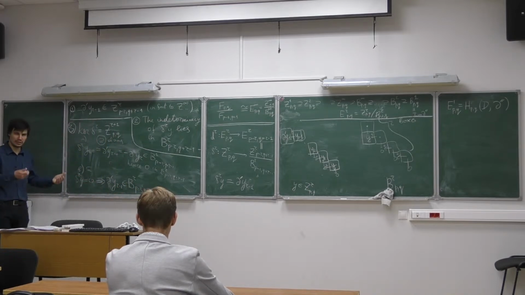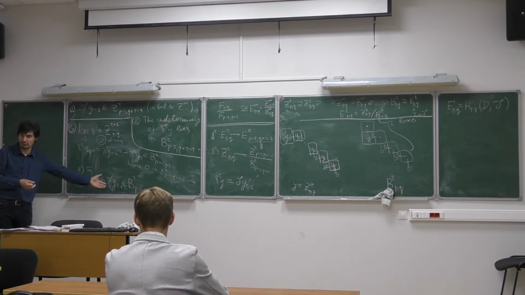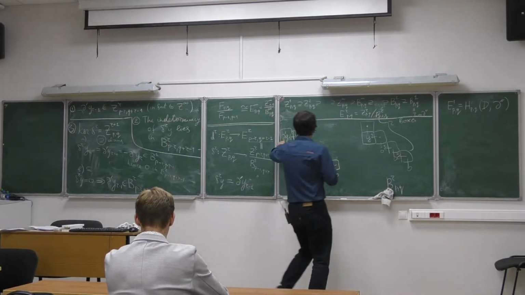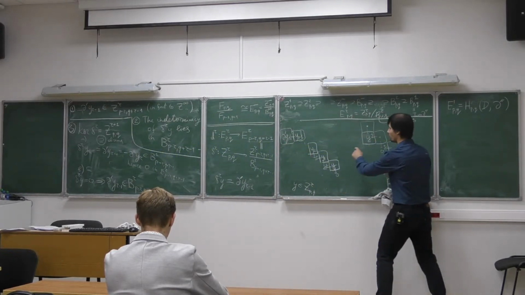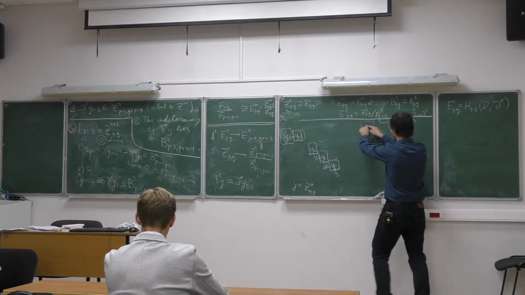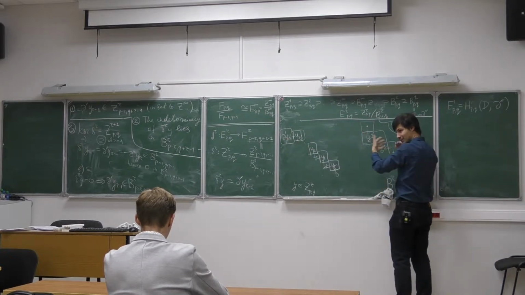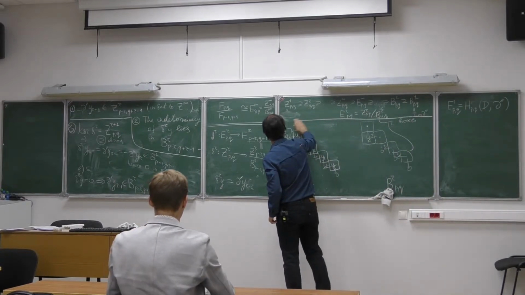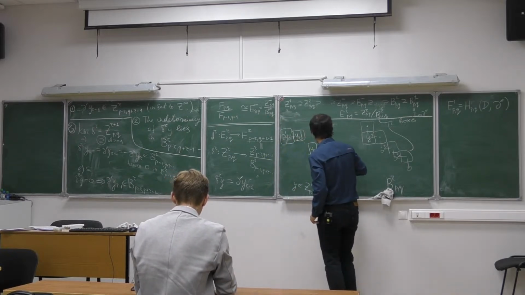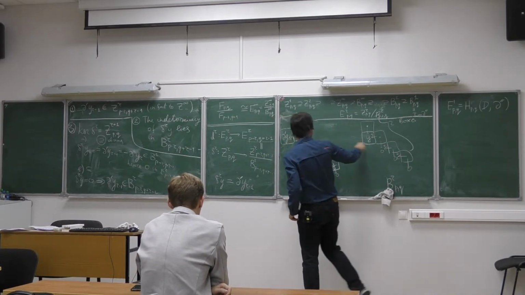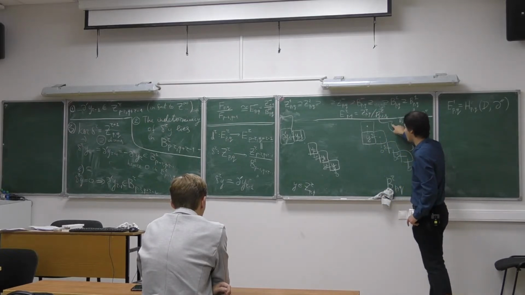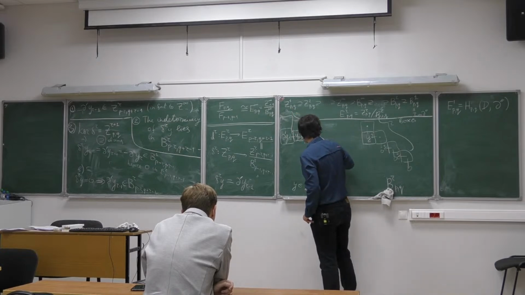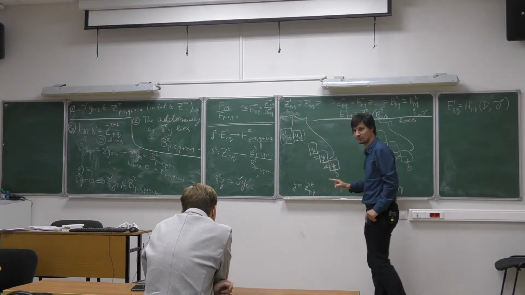But now we need to look at the definition of this group B. What does it mean that it belongs to the group B? It means that we can choose an element like that, which satisfies this condition. Let us denote these elements. We must have R boxes here, starting from this one, up to this one.